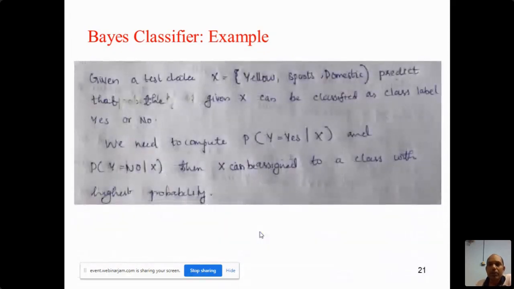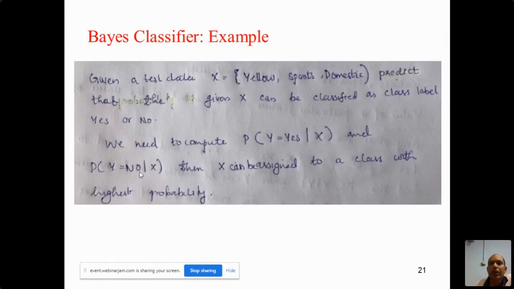Based on that, I now try to predict for the new data point: x1 is yellow, meaning color is yellow, the second feature x2 is sports, and the third feature is domestic. You have to decide whether this new data point will be stolen or not.